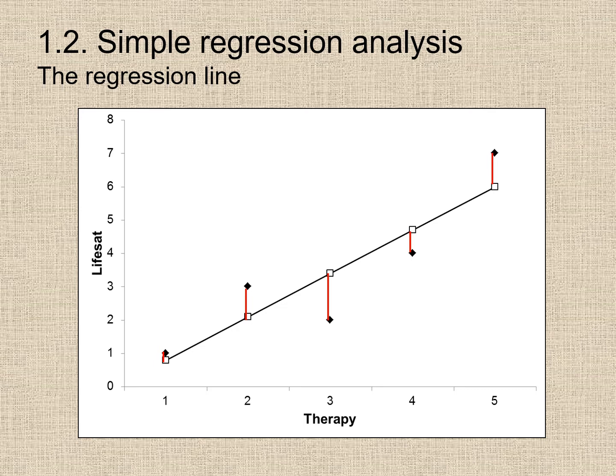What do you think that difference between predicted and observed values is called? Residuals. It's the residuals. Do we like residuals? No, we hate residuals. We would like to rid the world of residuals.